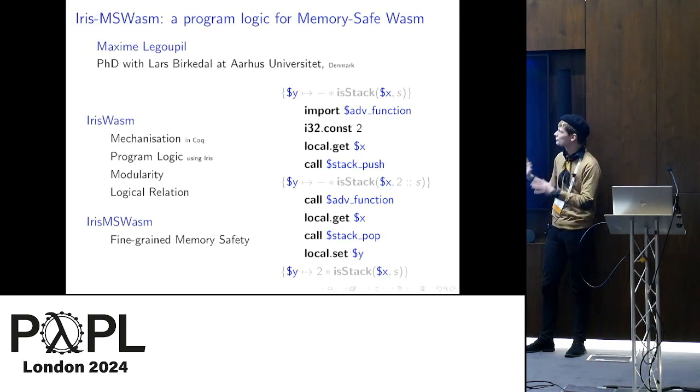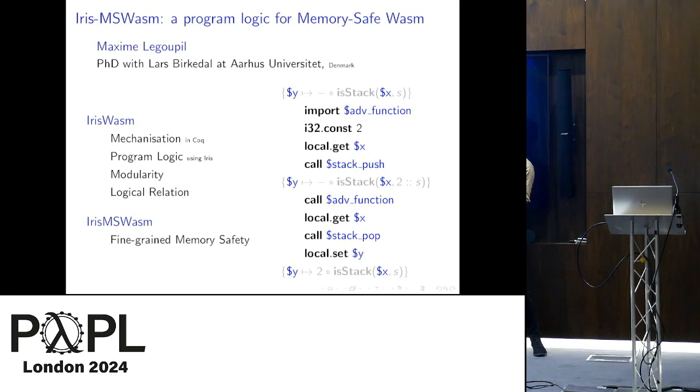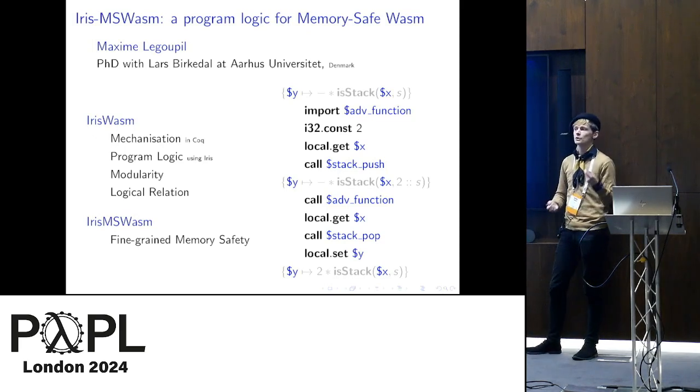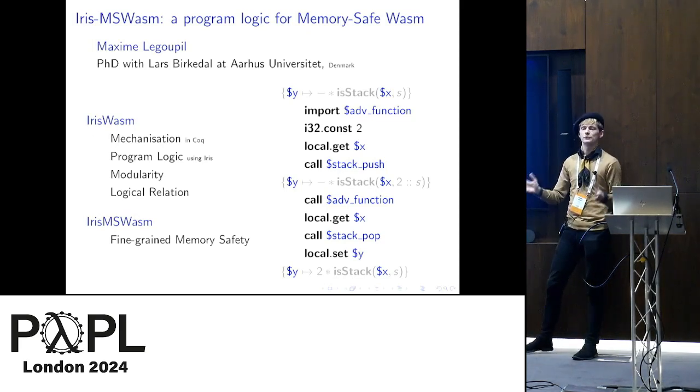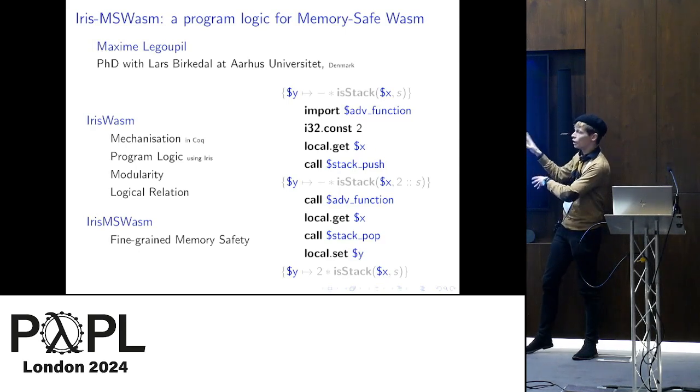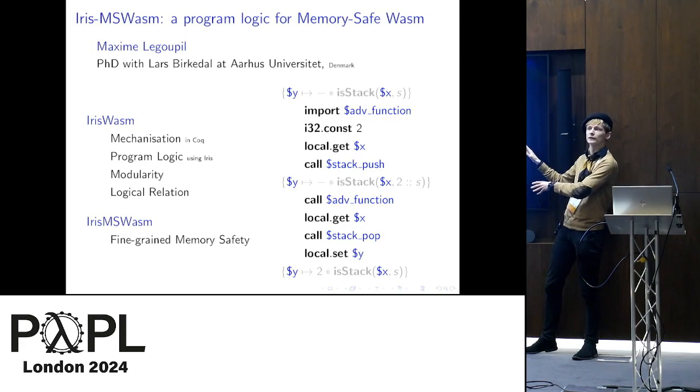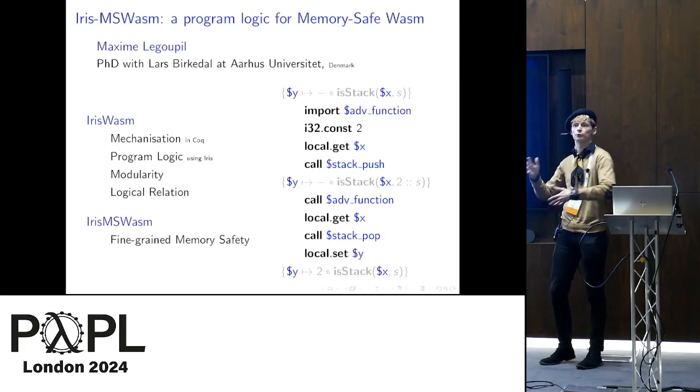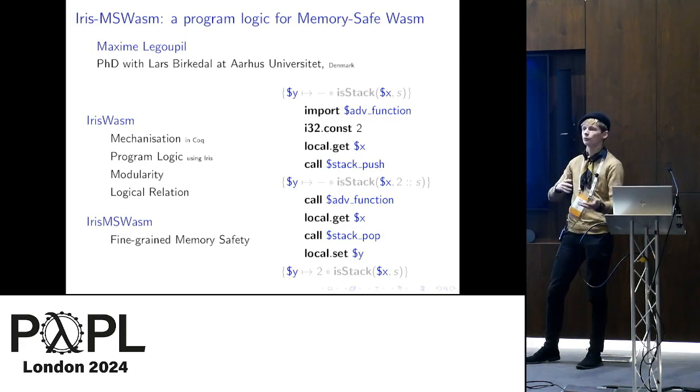So I'm imagining here that I have a library that implements stacks. And one of the important things that we wanted to have in Iris WASM is great modularity, and we wanted to show how we can reason modularly between different WebAssembly modules. And the way it will work here is that the person who's implementing the stack module is going to write proofs using Iris WASM of the way their functions work.